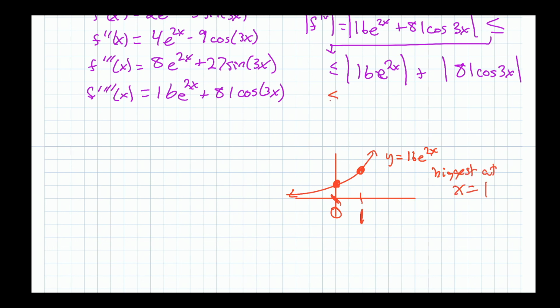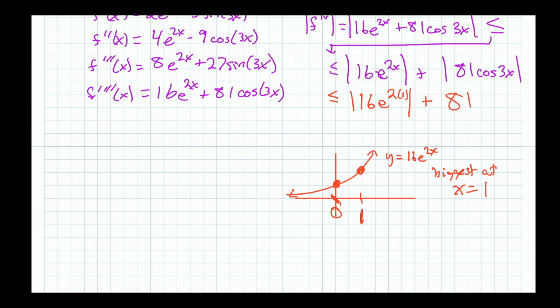So this is going to be less than or equal to, you put a 1 in here, which will be 16e to the 2 times 1 plus 81 cosine 3x. How big could that be? Just 81.